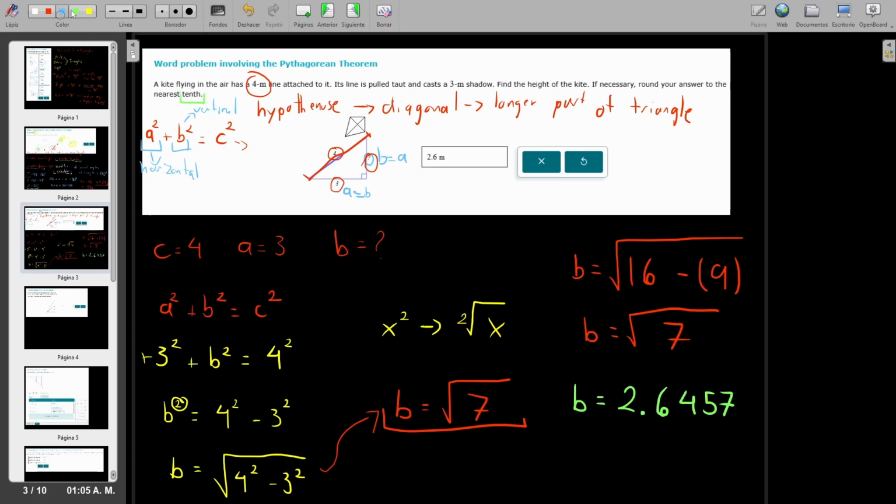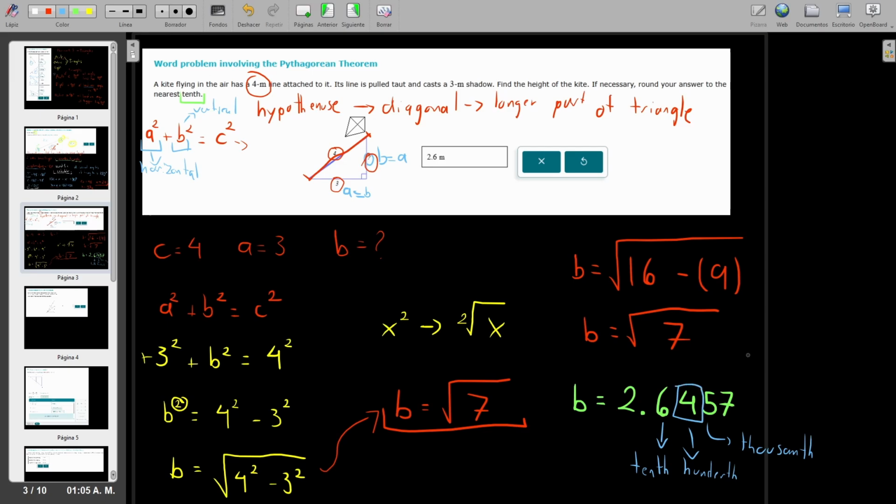You remember what I said before? The first number is tenth, the second is hundredth, the third one is thousandth. So in order to round to the nearest tenth, we need to pay attention to the next number. In this case, it's the 4.